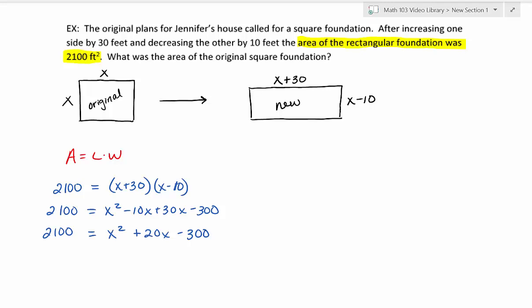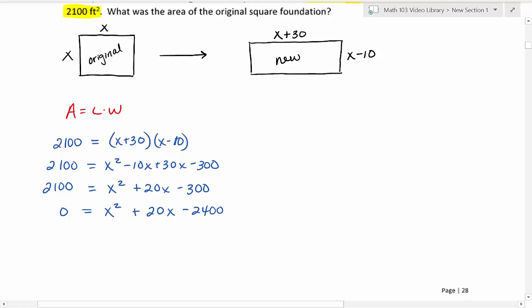Since there's a linear term, that rules out our ability to use square root property. I personally prefer to either factor or use quadratic formula for my solving technique. For either of those techniques, our equation needs to be set equal to 0. So let's subtract 2,100 from both sides. That gives us x squared plus 20x minus 2,400.